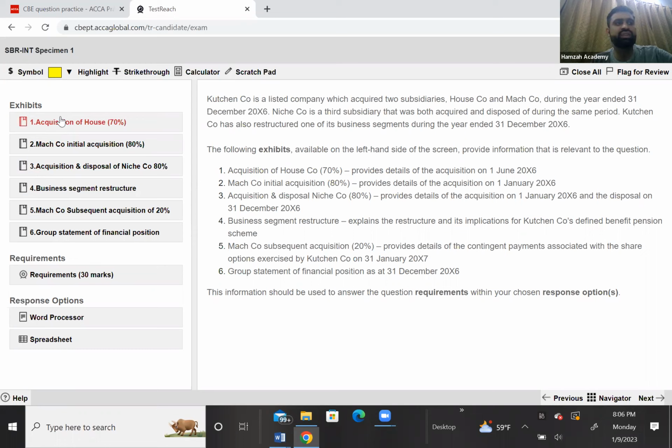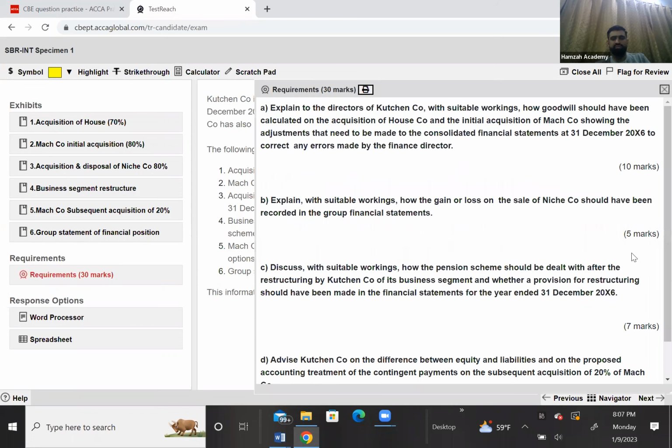You can say that the exhibits are basically parts of the question. Exhibit number 1, 2, 3, 4, 5, 6. We have 6 exhibits, and for these exhibits we have the following requirements.